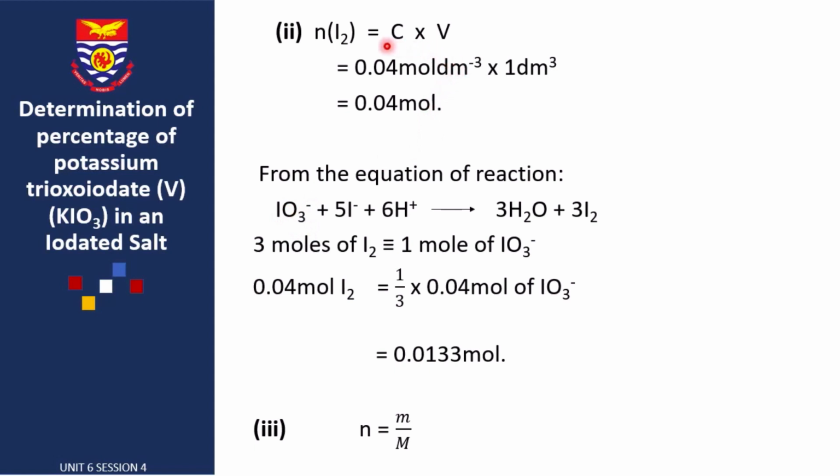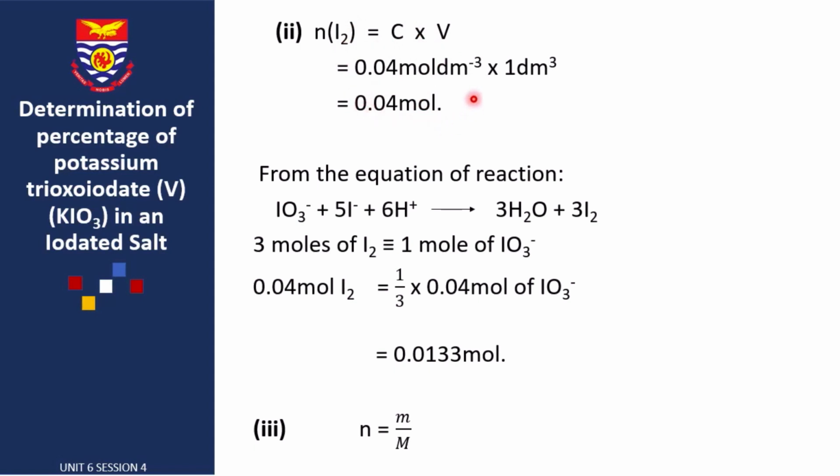We have found the concentration of the iodine to be 0.04 moles per cubic decimeter. And the solution was prepared and made up to 1 dm cube. So we can use that volume to work this out to get the number of moles. And here we are using this relation, amount is equal to concentration times volume.